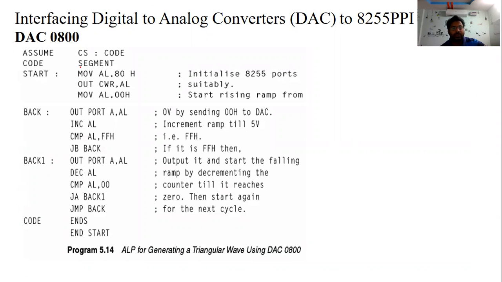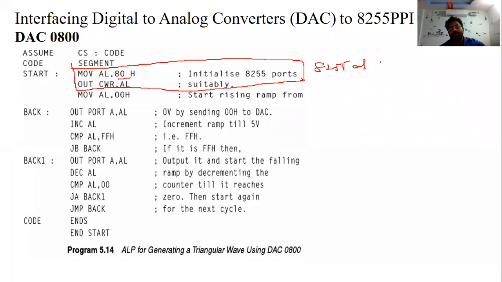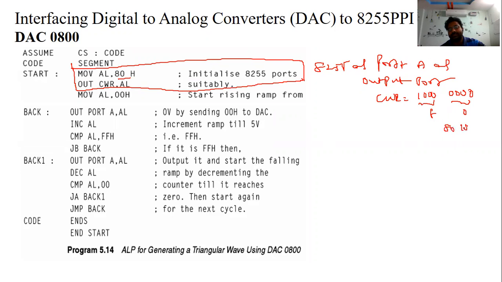You know that for initializing the 8255 with port A as output, the CWR value is 10000000, that is 80H.